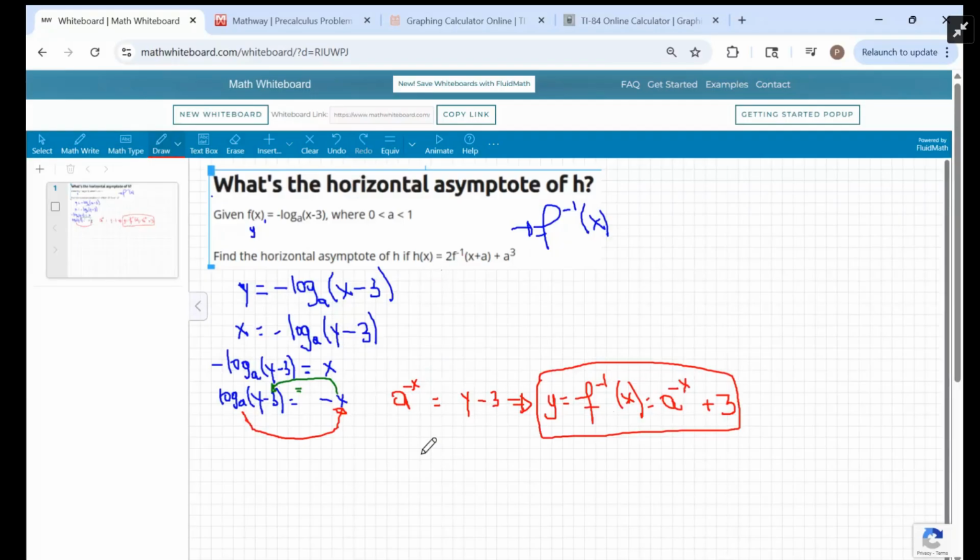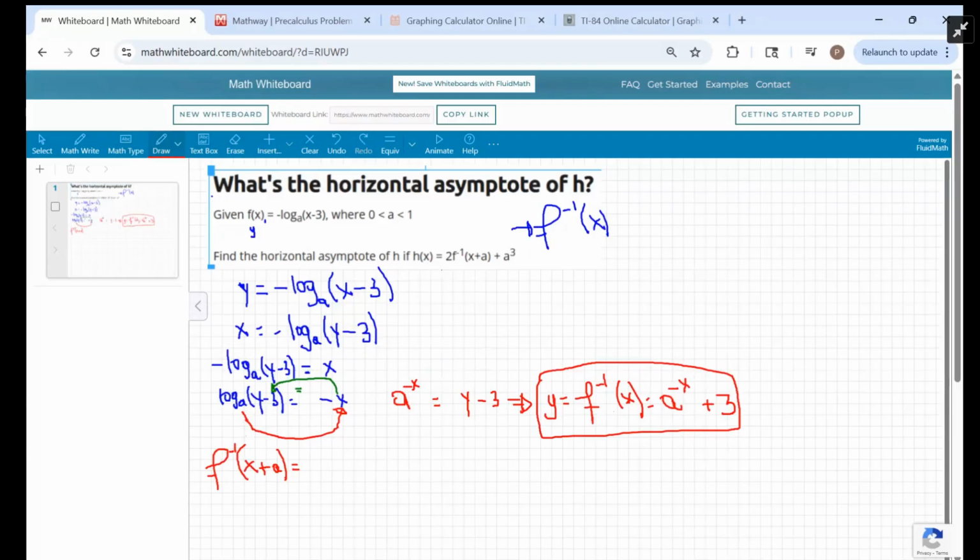So let's start with finding f inverse of x plus a. I know that trips a lot of people sometimes. When you have an x plus or minus something in the parentheses, what do we do with that? One way to think about it is whatever is in the parentheses, x plus a, is going to replace any previous mention of x.